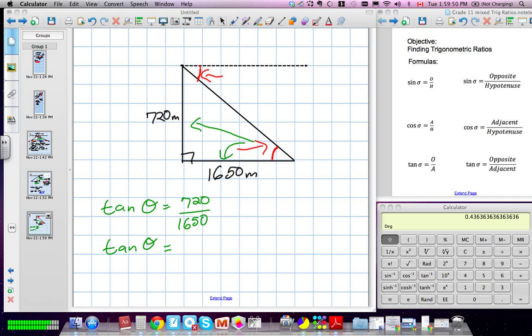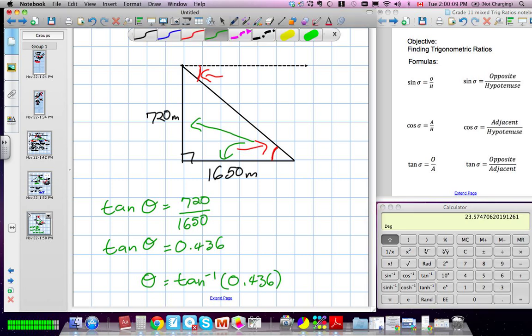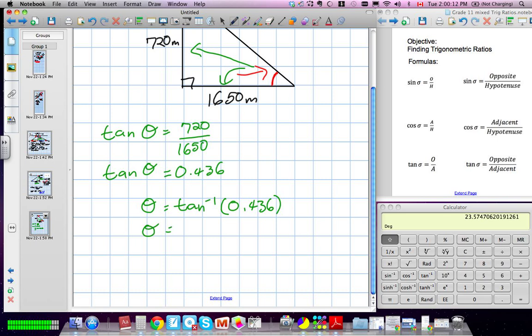So we get 720 divided by 1650, 0.436 we'll say. When we bring tangent to the other side, it becomes tangent inverse. So the inverse of this becomes 23.5.